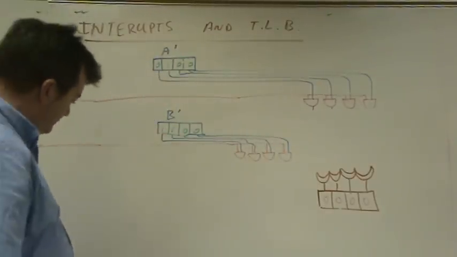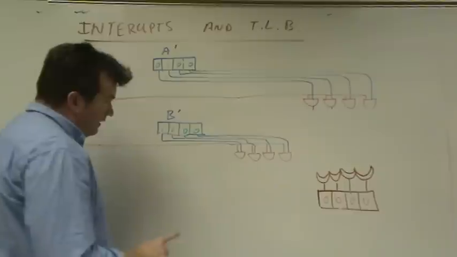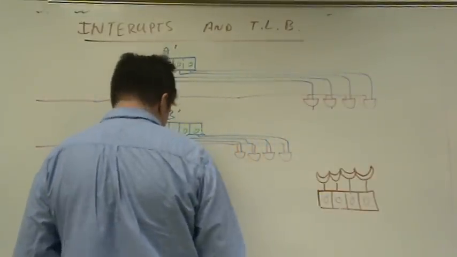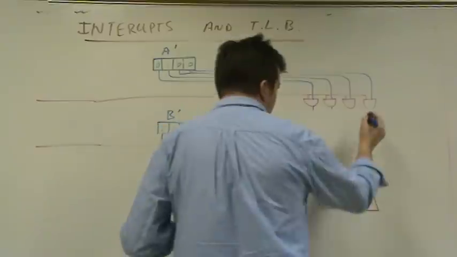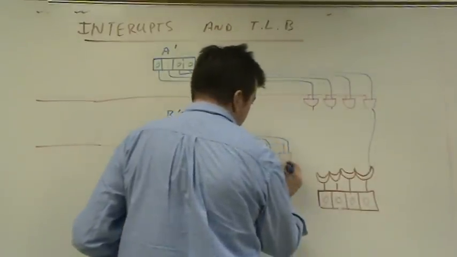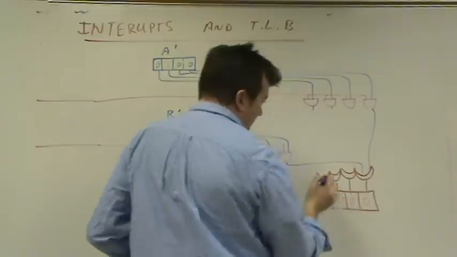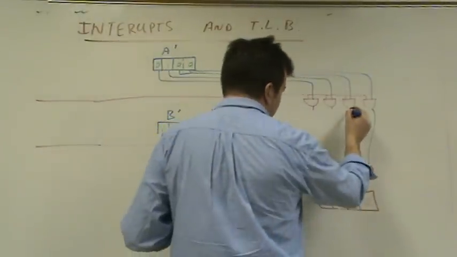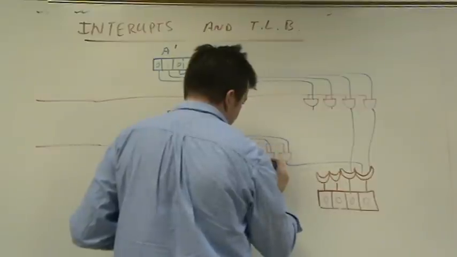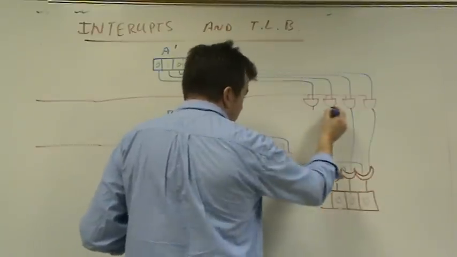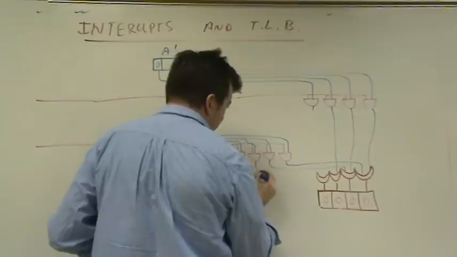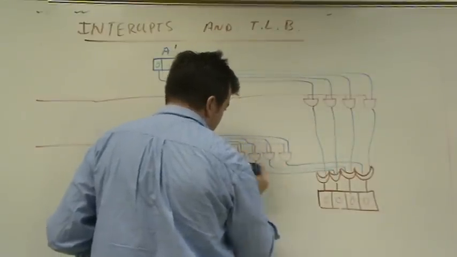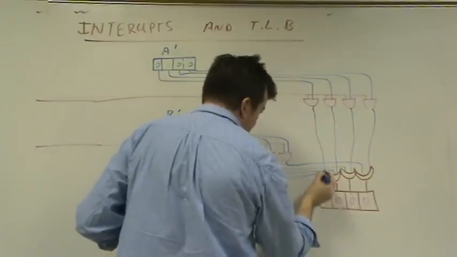And now, if I take the low order bits, I take this low order bit and run it into an OR, and this low order bit and run that into the same OR, and do that, now the picture will get a little sloppy. Maybe not too bad. This one goes into the third one, the third one goes into the third OR, this one goes into here, and this one goes into here.